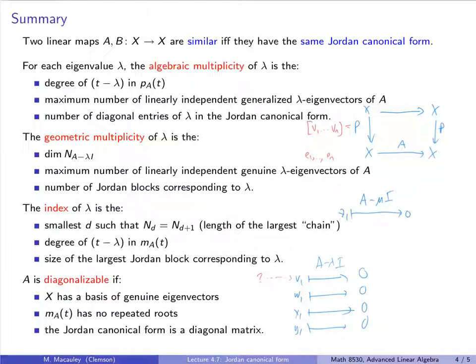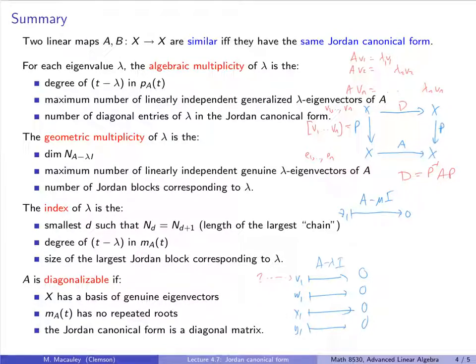Now with this basis v1 up to vn, if you apply A to each of these, you get lambda 1 v1, lambda 2 v2, up to lambda n vn. So the matrix up here, with these as the columns, is literally a diagonal matrix. So D is equal to P A P inverse. Reading right to left: do P inverse, then A, then P.